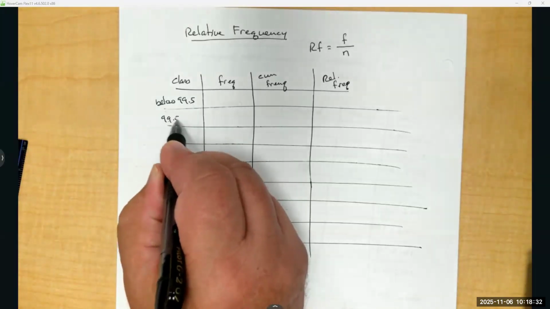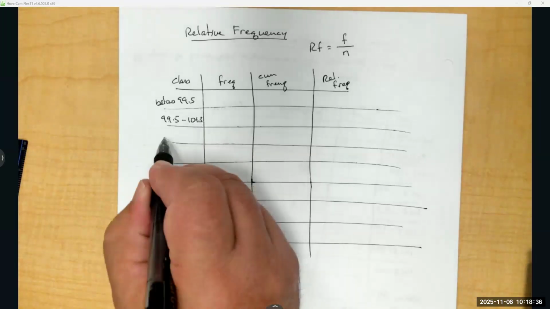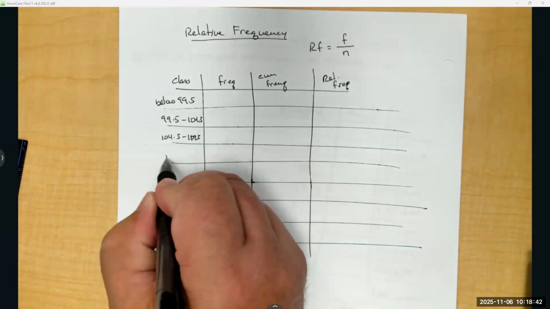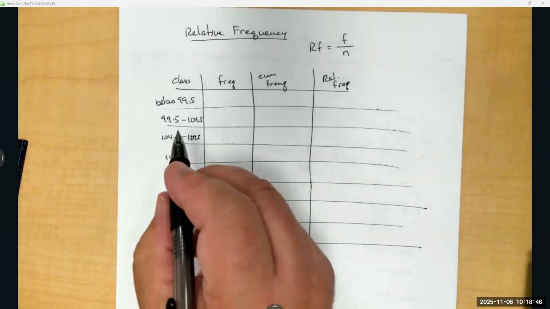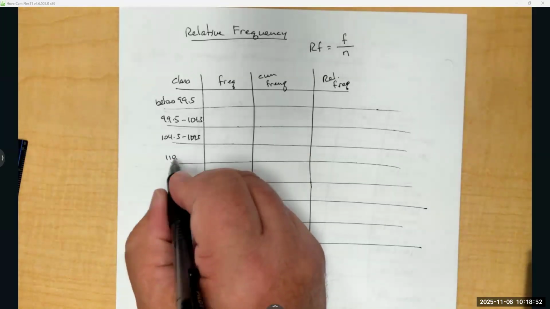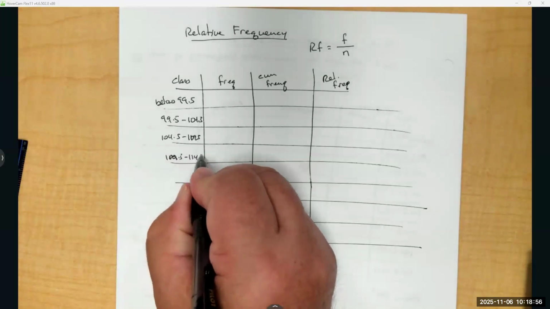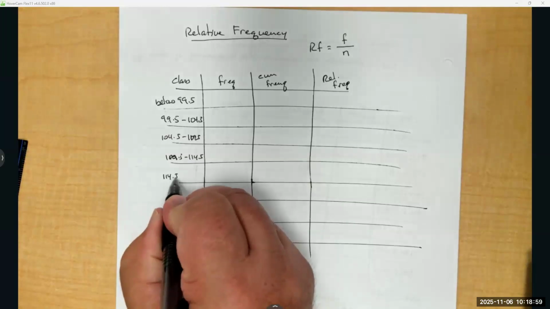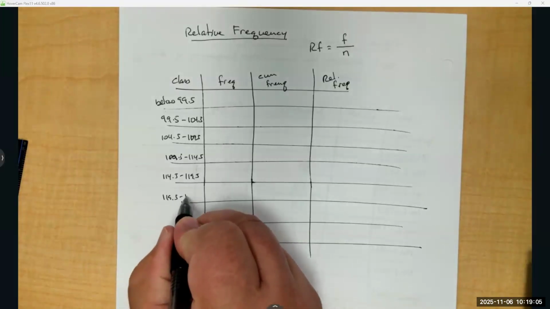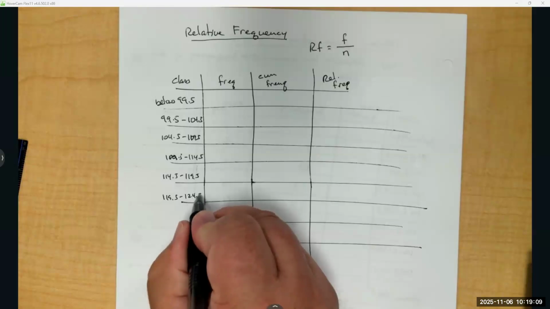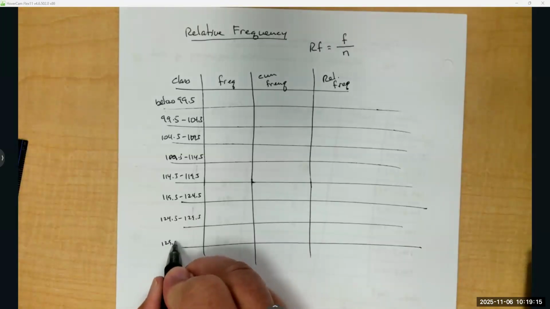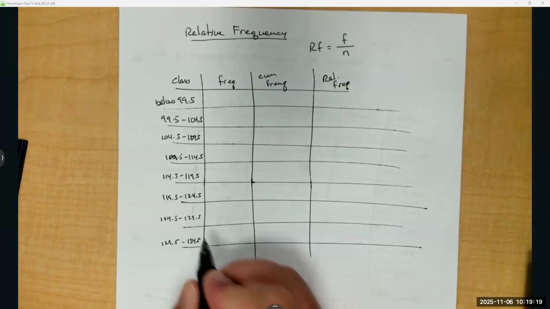This is 99.5 to 104.5. 104.5 to 109.5. 109.5 to 114.5. 114.5 to 119.5. 119.5 to 124.5. 124.5 to 129.5. 129.5 to 134.5.